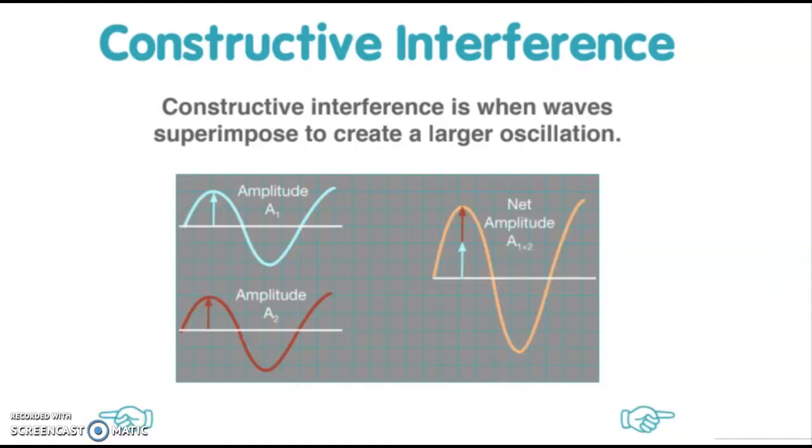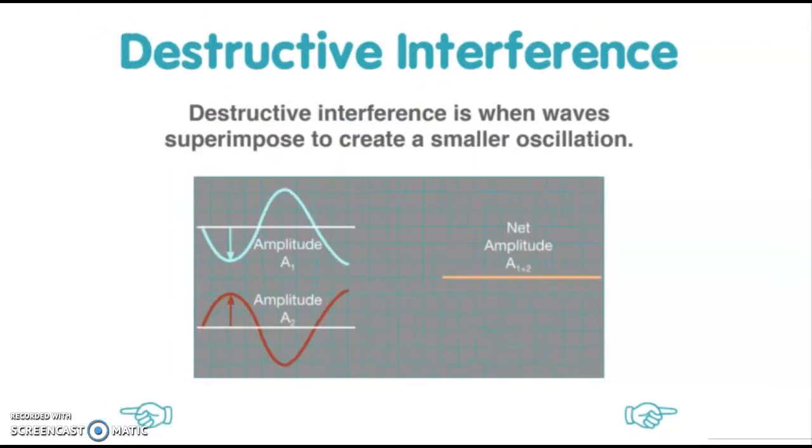Okay, so constructive interference is when the waves superimpose to create a larger oscillation, and destructive interference is when the waves superimpose to create a smaller oscillation. And these two situations of a phase difference of either 0 or pi are extreme cases.